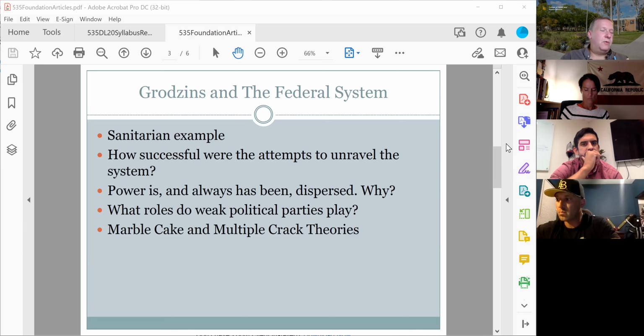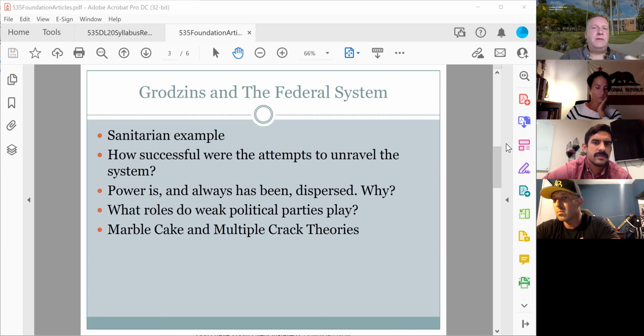And so what's the big deal? If parties are weaker, what does that really mean for administrators? What does it mean when parties aren't giving the support to administrators that you usually see in other countries? How does that change the role of those administrators?